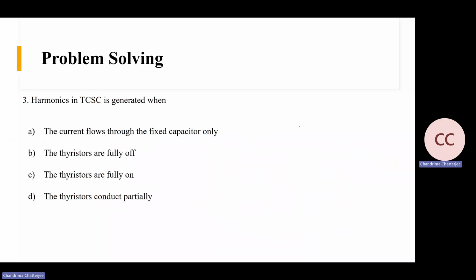The third question, harmonics in TCSC is generated when? So we just discussed that when there is a partial conduction of the thyristors, in that case the harmonics are generated. So the thyristors conduct partially, and harmonics are generated.